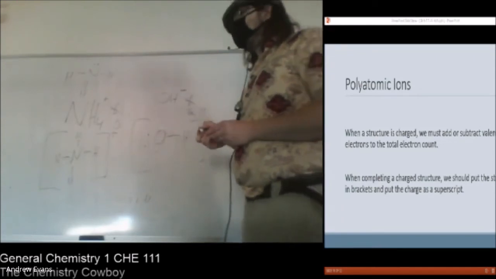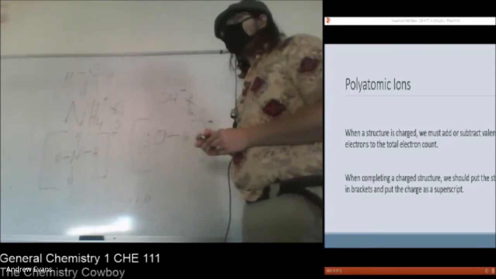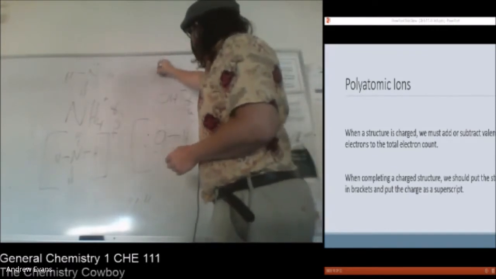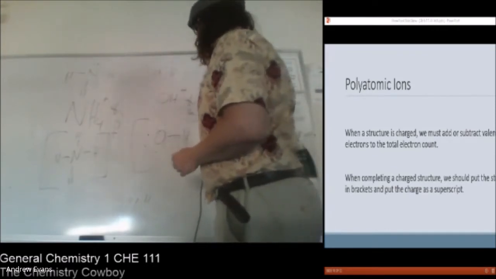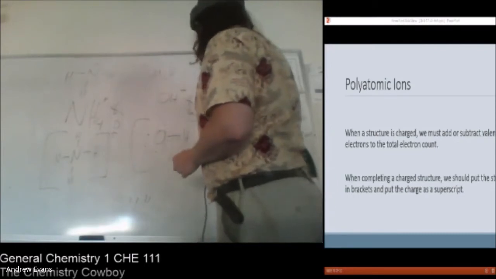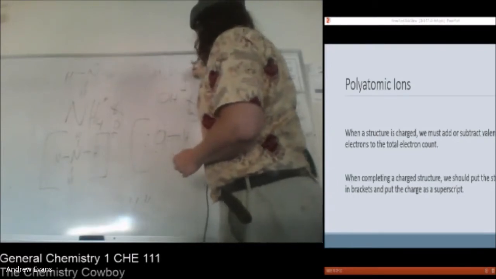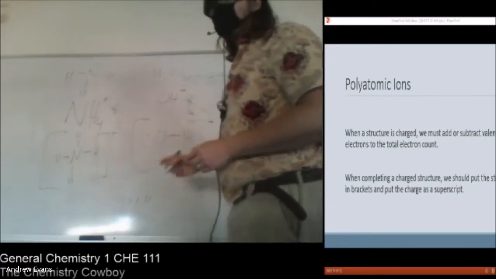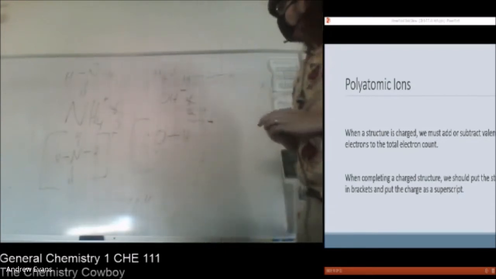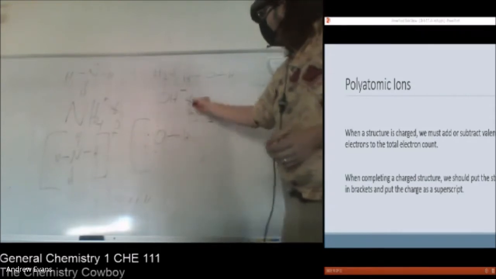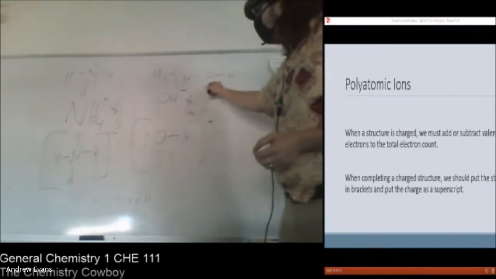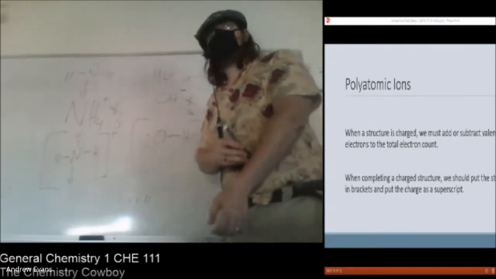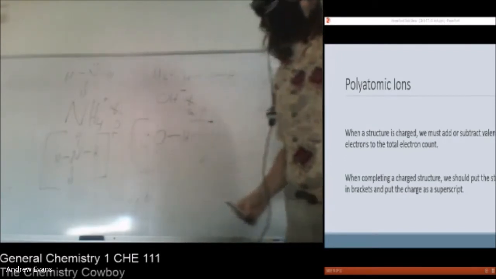How would that differ from, say, water? Water, H2O, would also have that octet, except instead of that lone pair right there, it would have a single bond to hydrogen. In both cases, the O has an octet. But in this case, without that extra hydrogen, it needs another electron to make it stable.